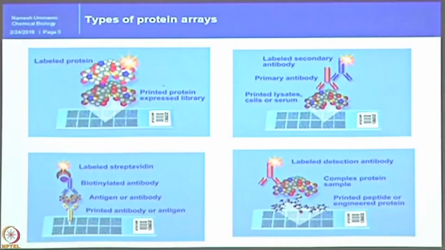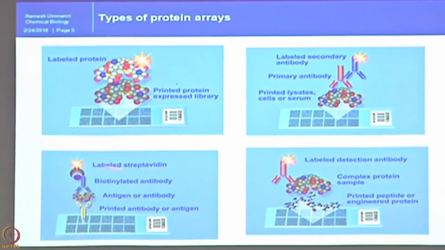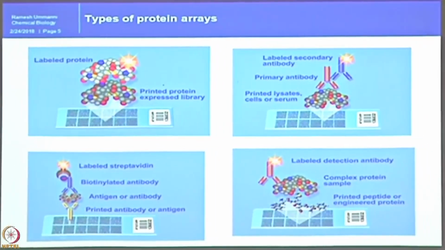Nevertheless, if you look at this nice cartoon here, there are different types of arrays. In the first cartoon, you can see a slide with a barcode, one glass slide printed with protein expression libraries. If you add a pre-labeled protein to the glass slide, and the proteins printed on the slide have interacting partners in the lysate, they will attract and immobilize them.